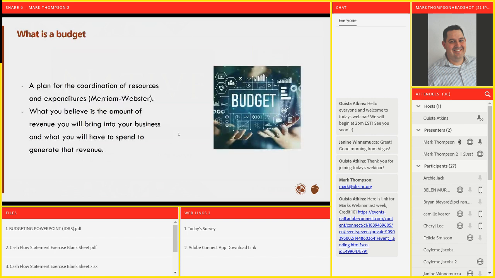Okay, so let's roll on and go through some of this introductory information. I went to Merriam-Webster and got a dictionary definition of what a budget is, and it's a plan for the coordination of resources and expenditures.